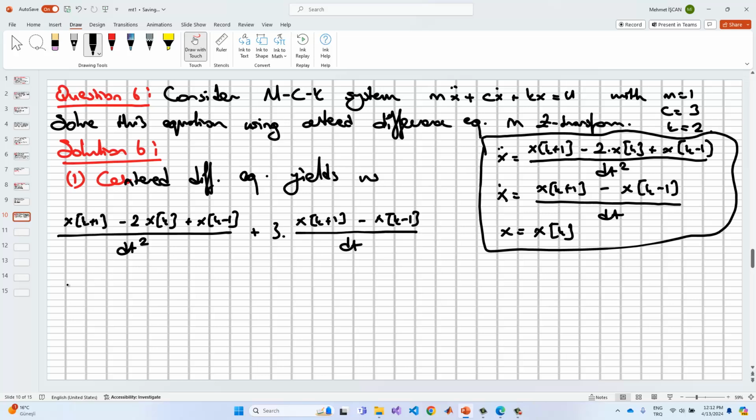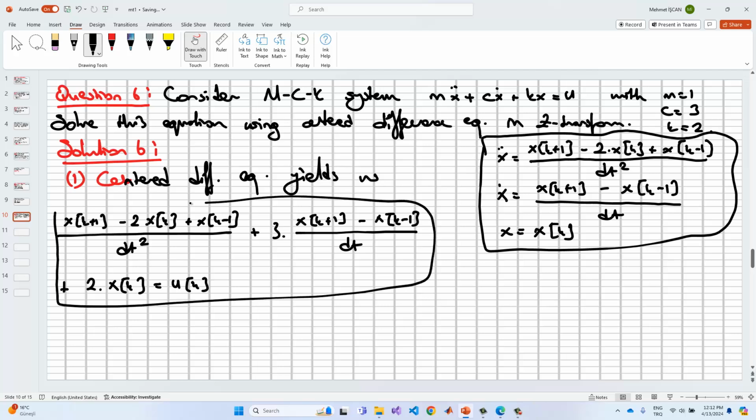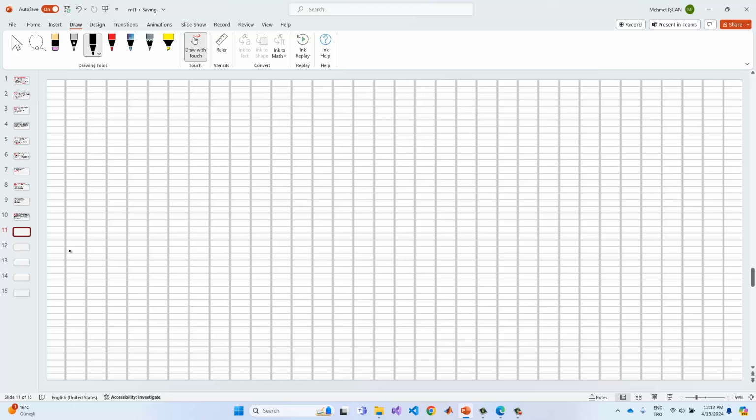Okay, and also plus 2 x_k is equal to u_k. Okay, and so this is our equation for the discrete notations. Okay, so how can we reorganize the whole equation using this information?